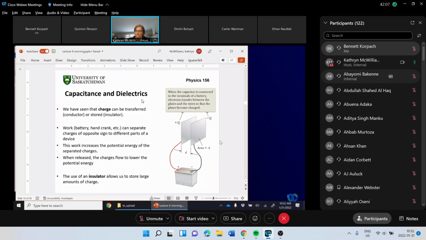So if we have a battery which has had some chemical work done, in the case of an acid battery, there is some potential energy in there, and when the chemical reactions happen, it converts the chemical energy into electrical energy.